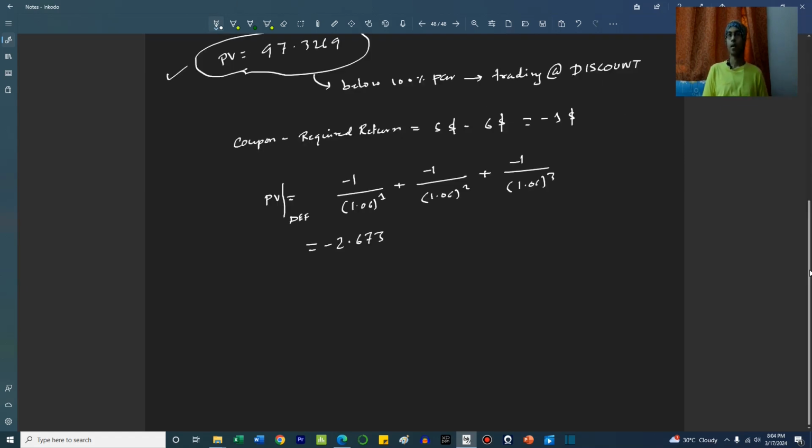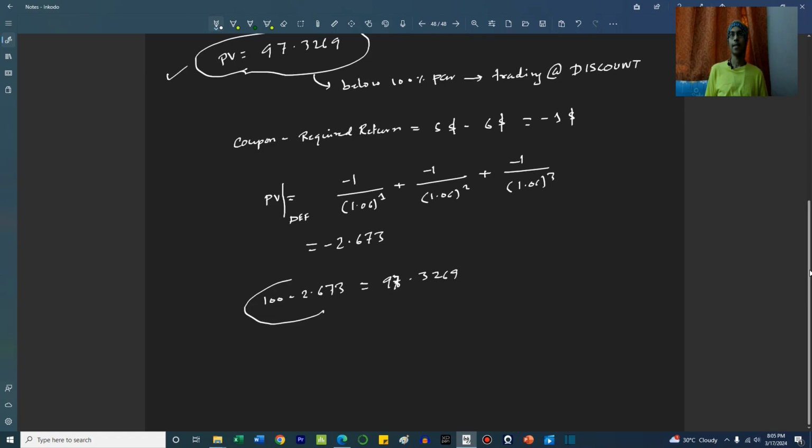Now the par value was 100, right? Let's do par minus total of deficiency. If we adjust this deficiency from the par value, that is 100 minus 2.673, we get 97.3269, right?